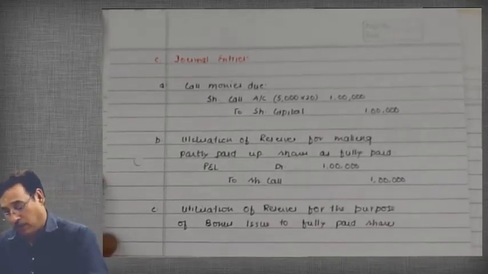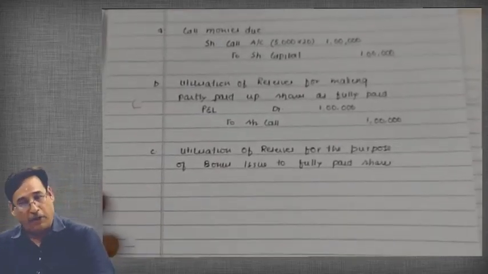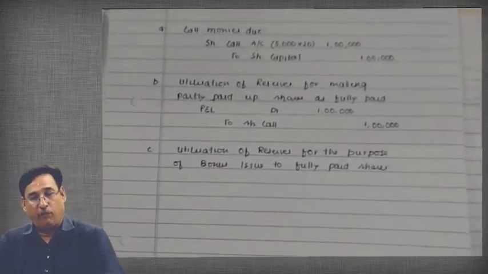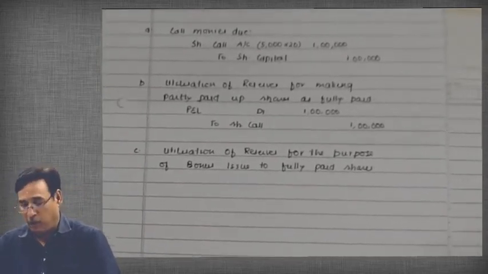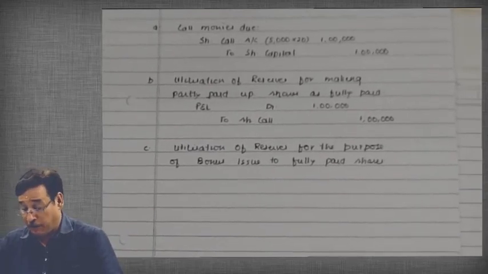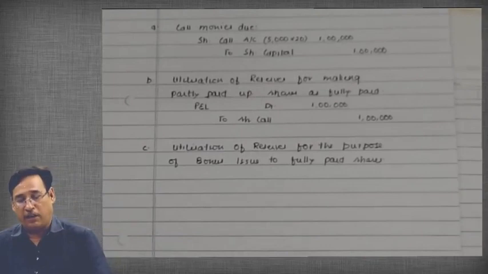This happens to be rather the second type of bonus issue, bonus to fully paid up shares. By now we are very well familiar with the fact that such a bonus issue can be made by utilizing both capital nature reserve and revenue nature reserve. We have already computed the amount, which is 4 lakh, which we need.